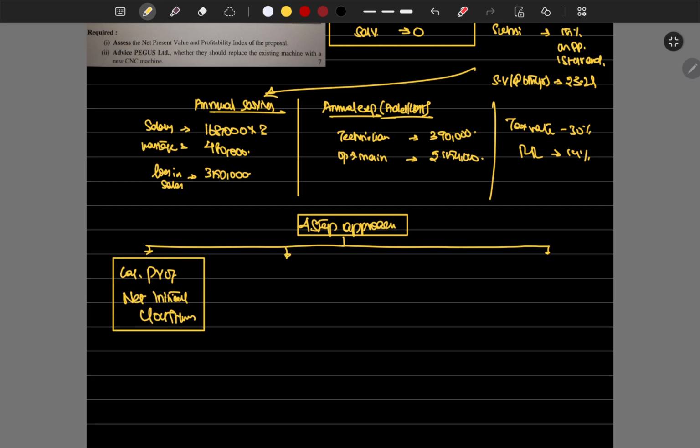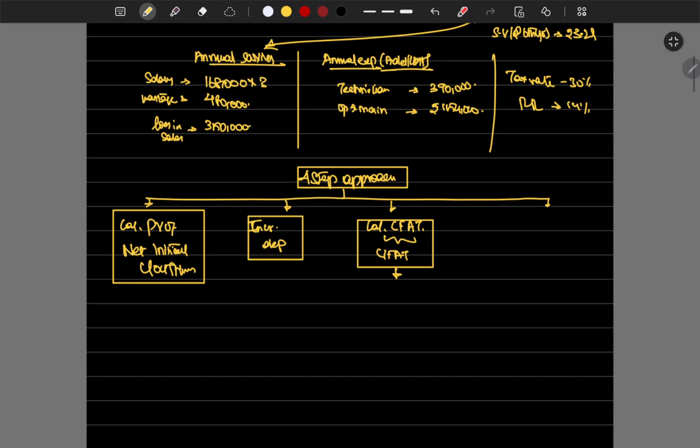Then comes calculation of incremental depreciation. Then comes calculation of cash flow after tax, typically the cash inflow after tax because of the new machine installation. Then the last one is calculation of NPV and the PI.